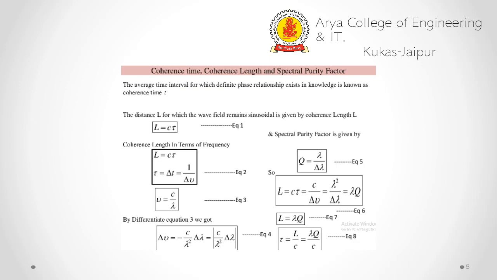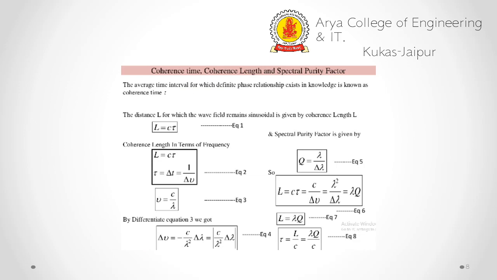Coherence length can also be written in terms of frequency. As we know, tau can be written as Δt, which can also be written as 1 upon Δν. Also, we know that ν is equal to c upon λ. Differentiating equation number 3, we get equation number 4. We also know that the spectral purity factor is given by Q is equal to λ upon Δλ.